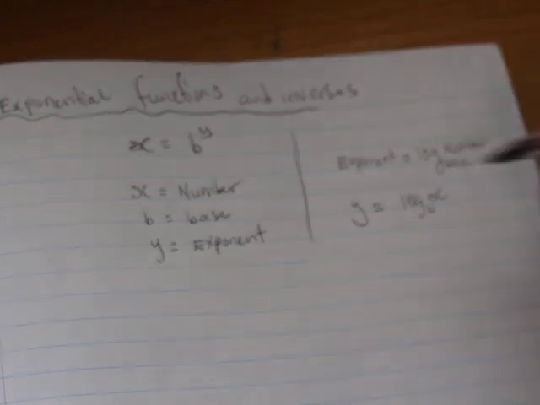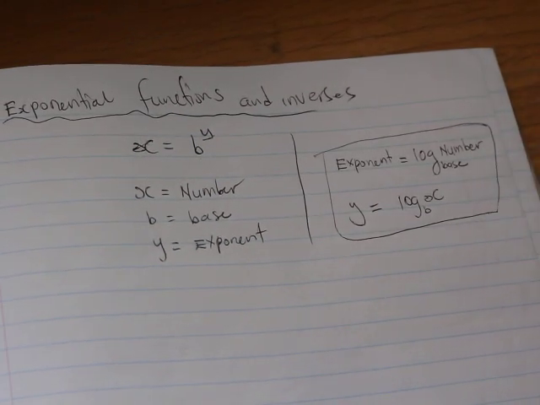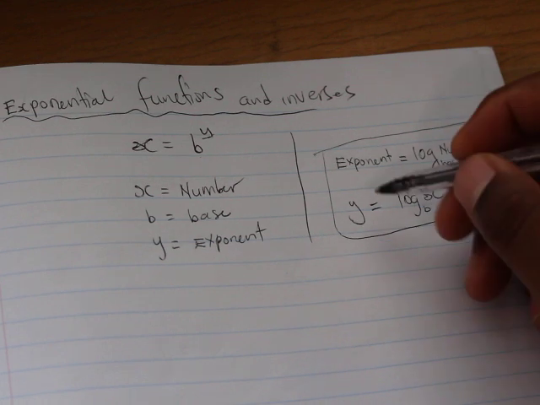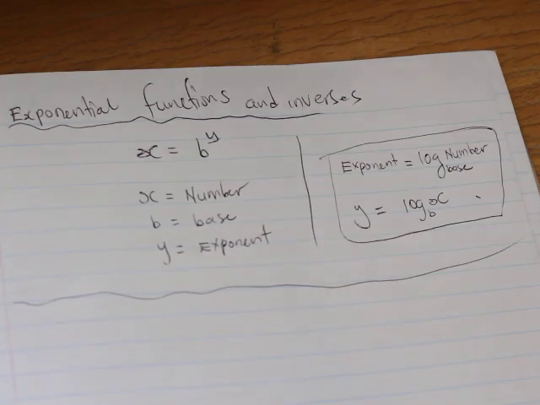The relationship is quite easy to understand. This is literally the thing you need to know to not have issues with exponential inverses. So let's get right into it.